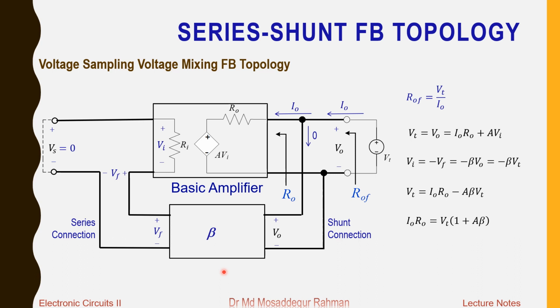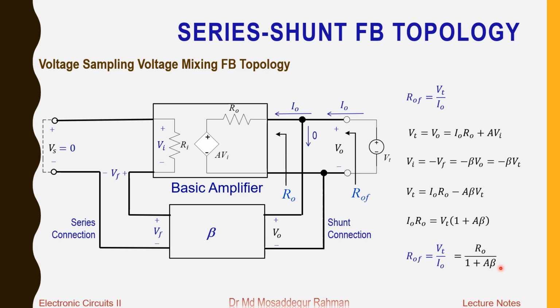Now, from here, we can get an expression for the output resistance with feedback ROF, which is Vt by I naught. If you rearrange the terms in this equation, you see Vt by I naught can be expressed like this: R naught divided by 1 plus A beta.